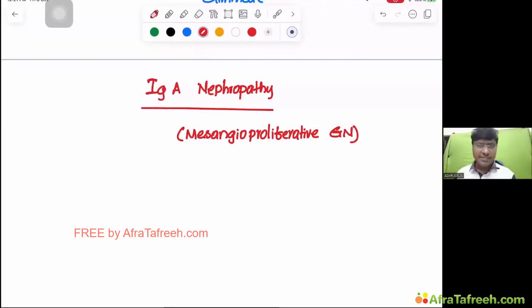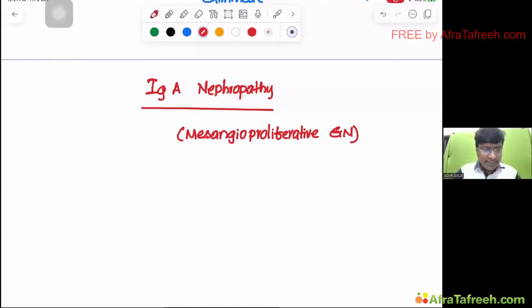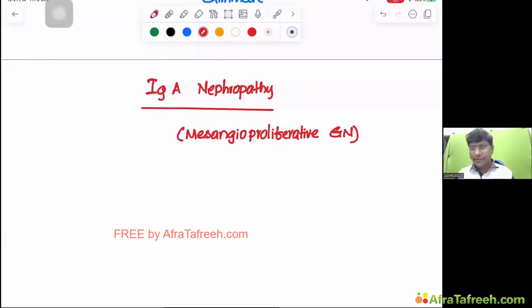Okay, so as the word itself tells you, there is proliferation of the mesangial cells. Now, among all these antibodies, tell me, what is the first line of defense by our body? Anyone? Very good. That is IgA.